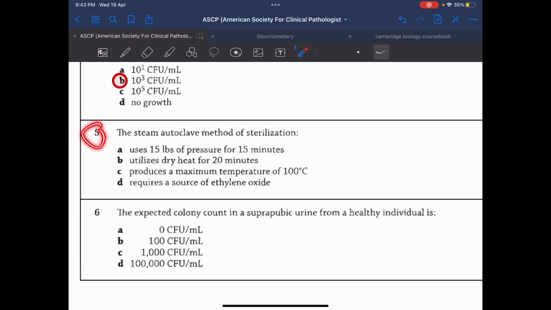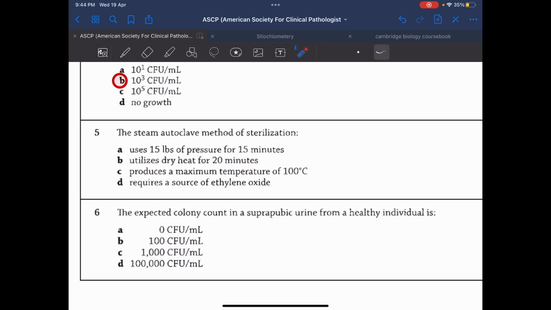Question number 5. The steam autoclave method of sterilization A. uses 15 pounds per square inch of pressure for 15 minutes, B. utilizes dry heat for 20 minutes, C. produces a maximum temperature of 100 degrees centigrade, D. requires a source of ethylene oxide. The traditional gravity displacement steam sterilization cycle is 121 degrees centigrade for 15 minutes at 15 pounds per square inch.